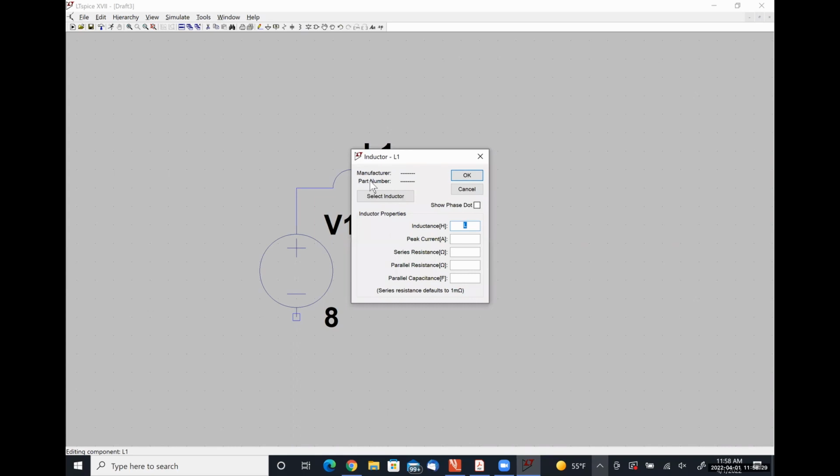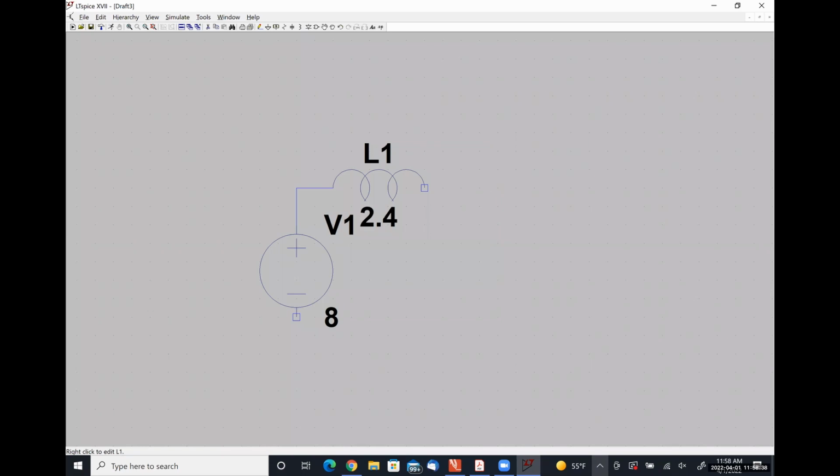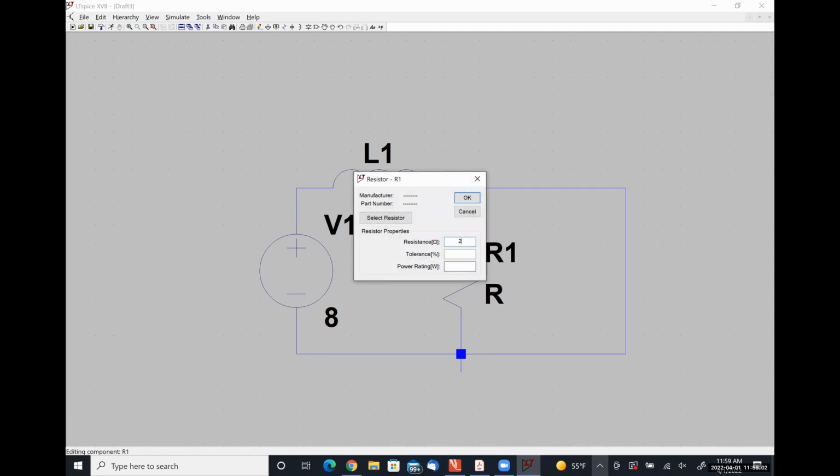LT Spice doesn't like fractions, so 12/5 would be 2.4. All right, so my resistor goes here, and it was a 2 ohm resistor.